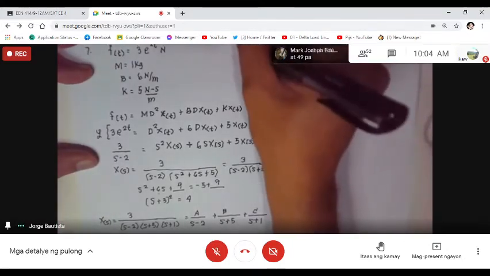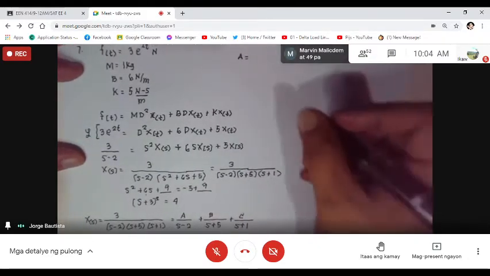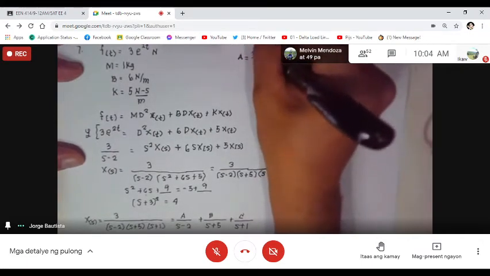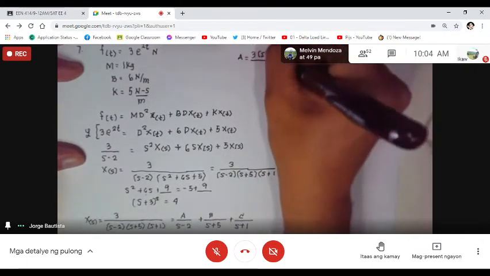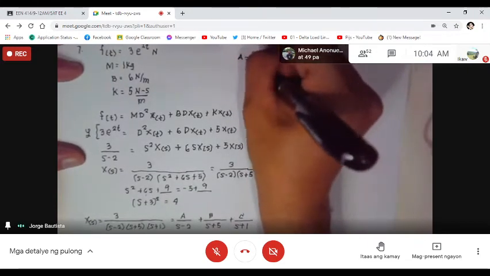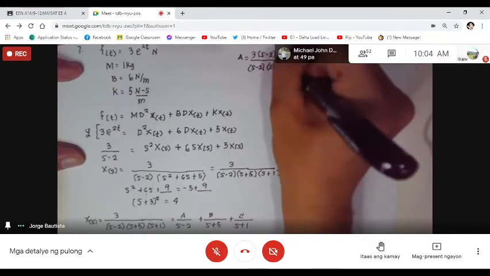So for A, that is equal to, ayan, yung A natin. So that is 3 times s minus 2 all over s minus 2, s plus 5, s plus 1.